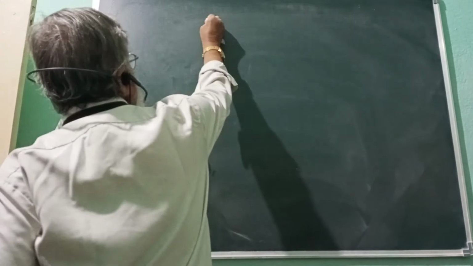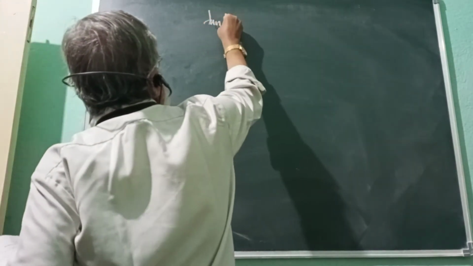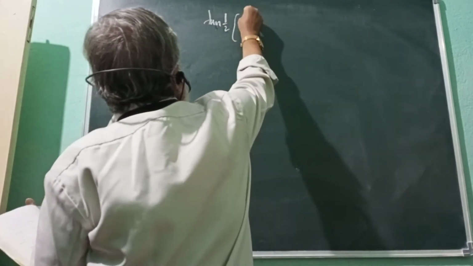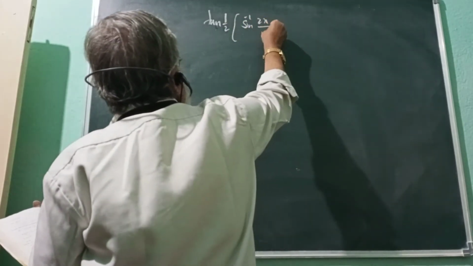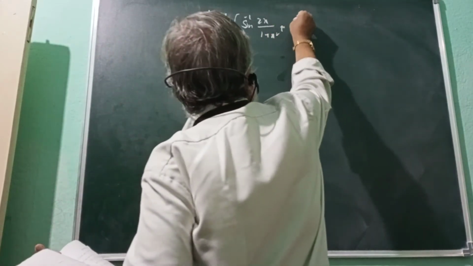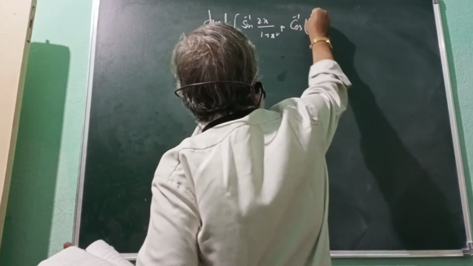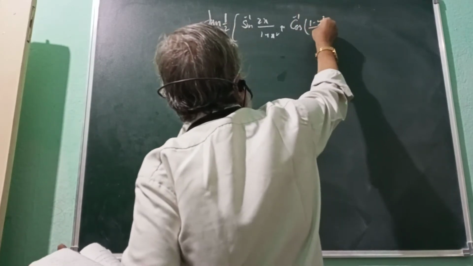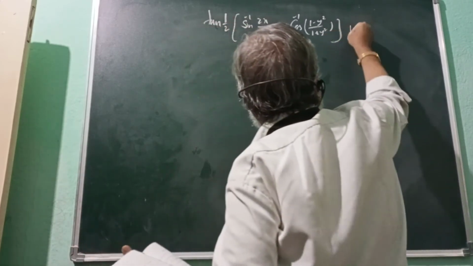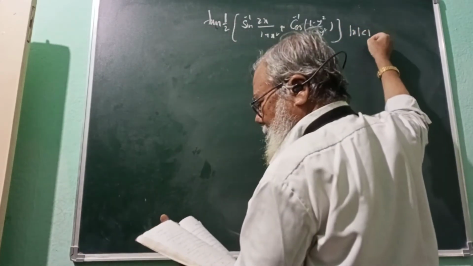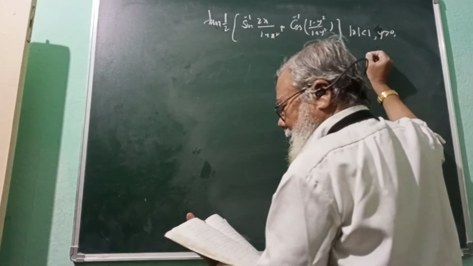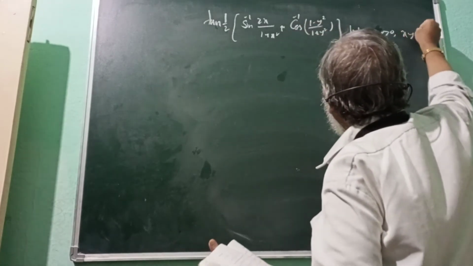Find the value of tan of 1 by 2 into sin inverse 2x by 1 plus x square plus cos inverse of 1 minus y square by 1 plus y square, where mod x is less than 1, y is greater than 0 and xy is less than 1.